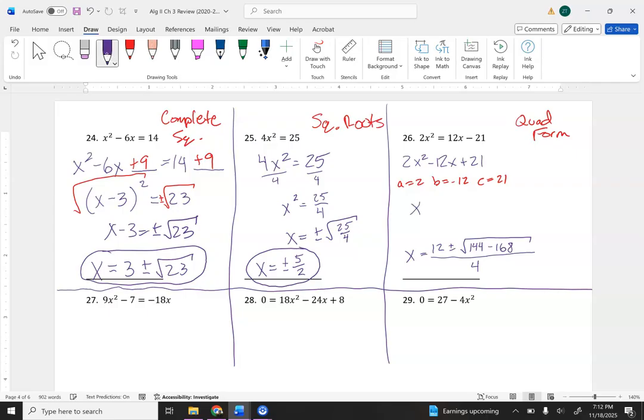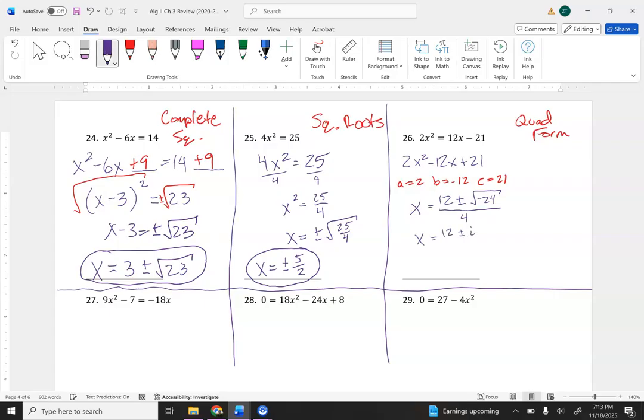So x equals 12 plus or minus. Now 144 minus 168, that's going to be the square root of negative 24. And anytime you have the square root of a negative in here, you're going to have to simplify this yourself, probably, because a lot of us have calculators that won't do that. So the negative inside the square root, that's going to come out as an i.